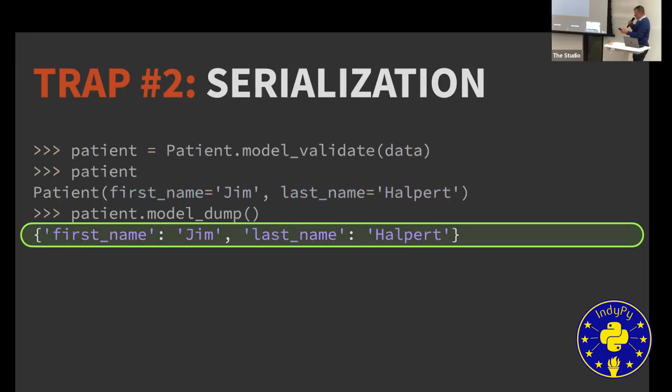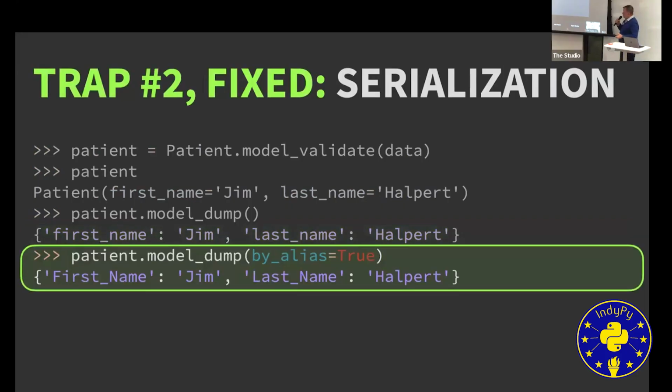Now, using a different case scheme when dumping out could be a problem if we have downstream systems that still expect it to be in Pascal snake case. We need to override Pydantic's default behavior when doing that model dump. We can do that by setting a by alias argument.